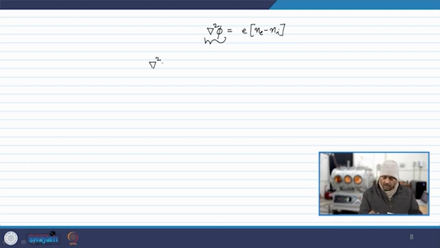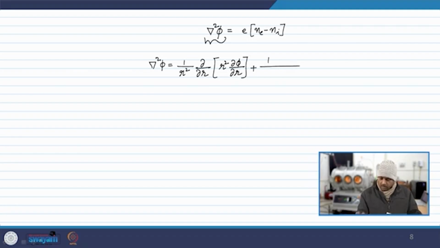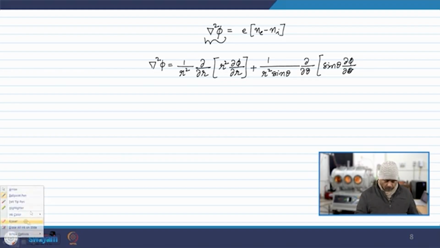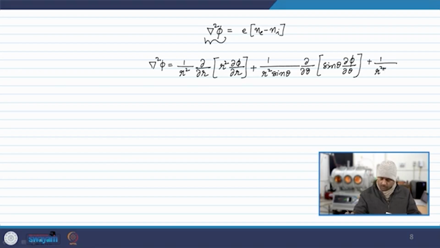So, del square phi is 1 by r square dou by dou r of r square dou phi by dou r, plus 1 by r square sin theta dou by dou theta of sin theta dou phi by dou theta, plus 1 by r square sin square theta times dou square phi by dou phi square.